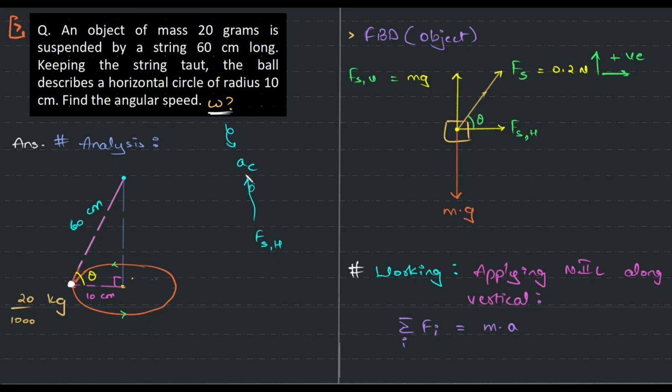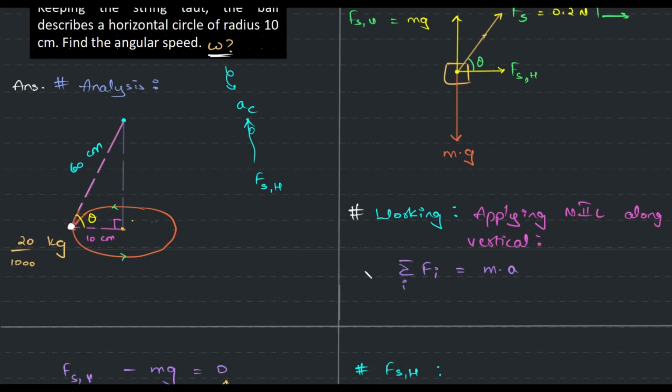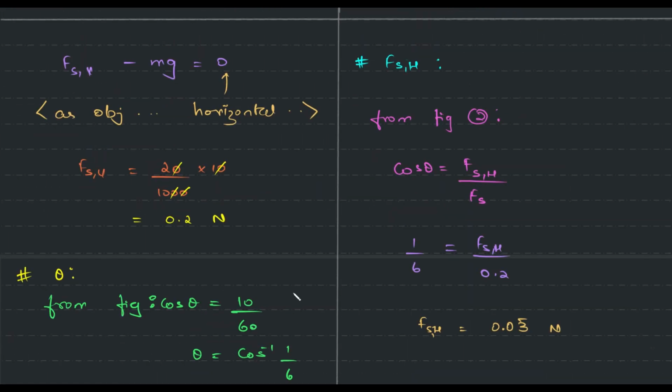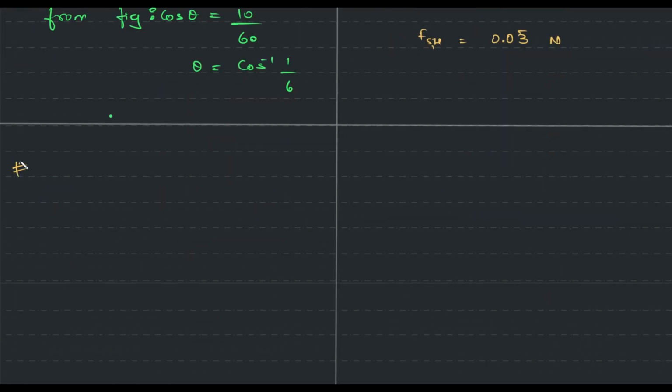What else? Next we can figure out AC. How will we do that? Well, we can make use of mass and we are done. So FSH is equal to your centripetal acceleration times mass, and AC is equal to 0.03 divided by approximately 2 by 100.